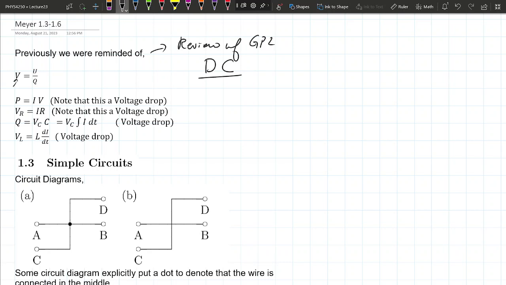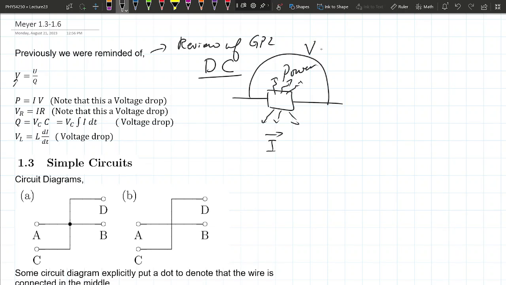What that means is, let's say you have some device, it doesn't even matter what the device is. The power being dissipated in this little device, maybe given out as heat, is proportional to how much current is passing through it, multiplied by the voltage drop across that device.